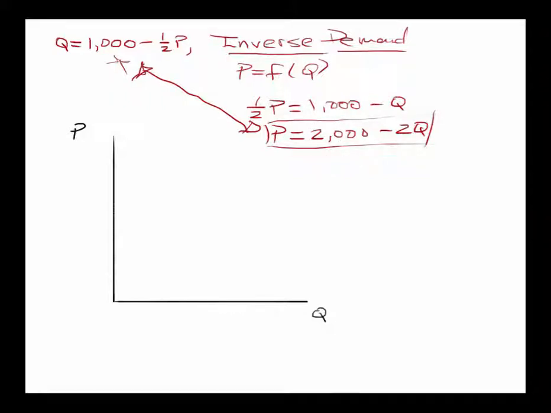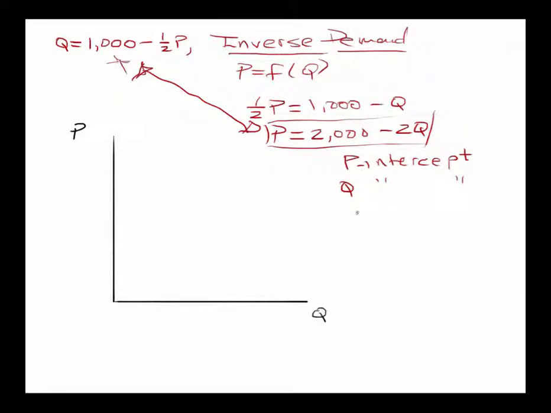So the things we need to know, very simply, if we know the p-intercept and the q-intercept, then we can easily graph this function. So how do we get the p-intercept? The p-intercept is the price that occurs when Ashley wants 0 units. Okay, so the p-intercept is going to be the price that puts her out of the market.